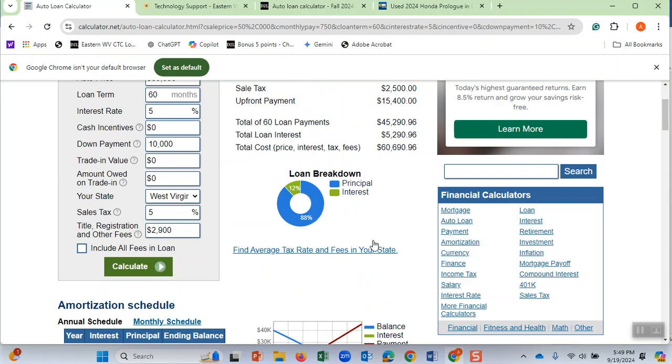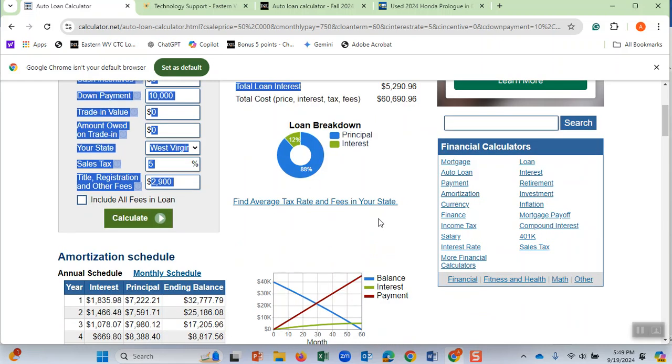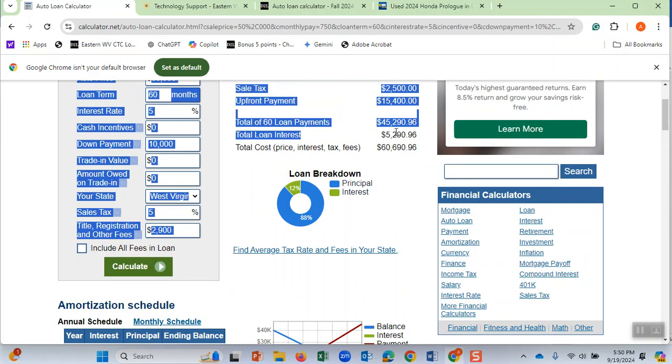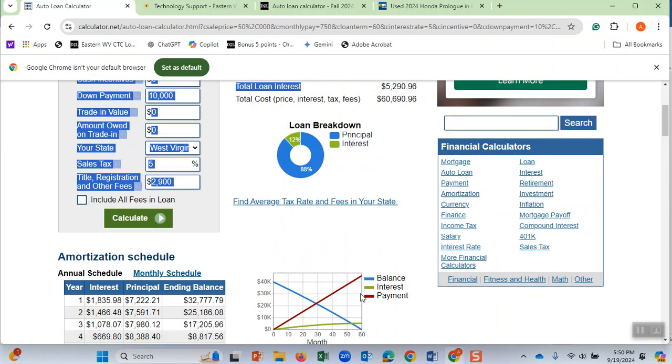When it gets up to here, that means that all this 5,290 interest is paid. The rest of them from here to here is $40,000. The combination of these two lines gives me 45,290, and the loan is paid. Therefore, the loan keeps dropping as I pay more and more, as you see.